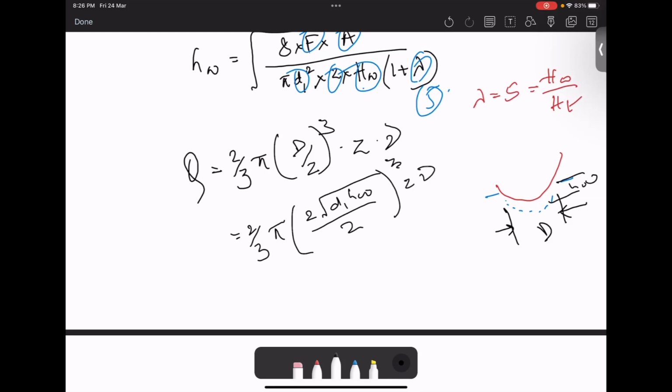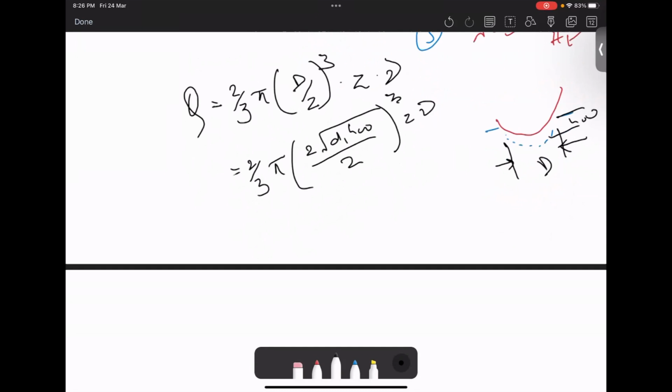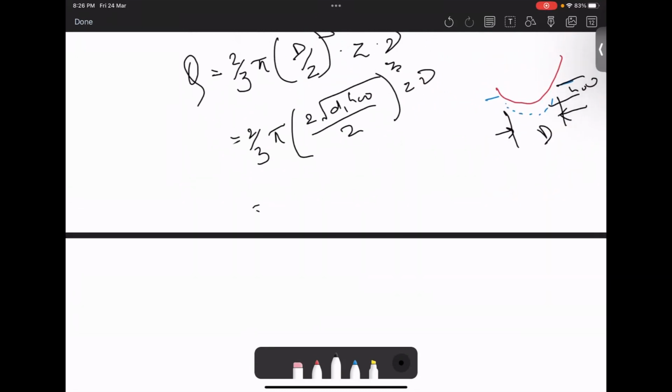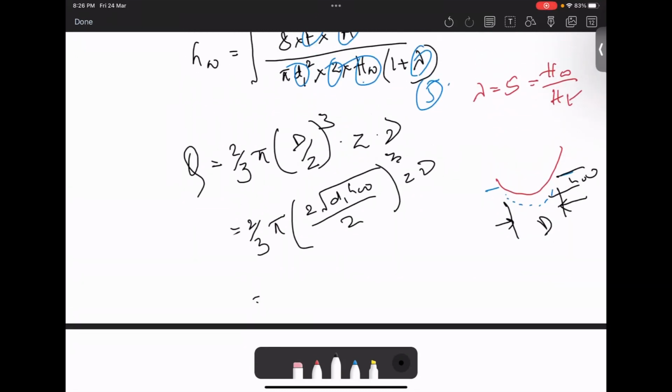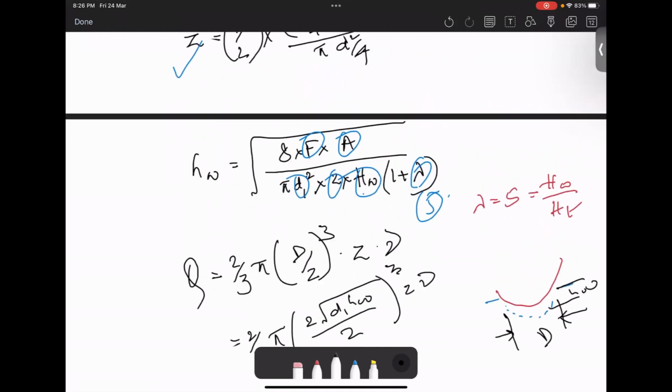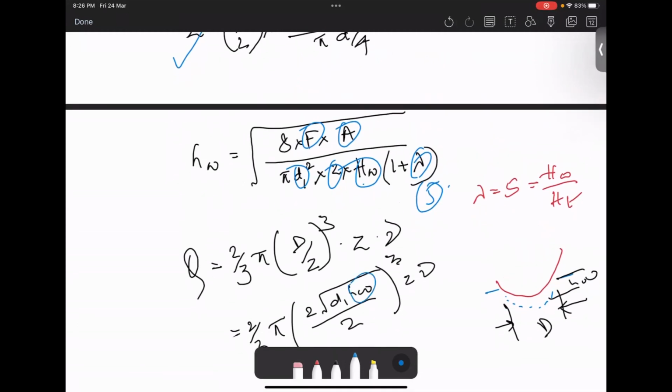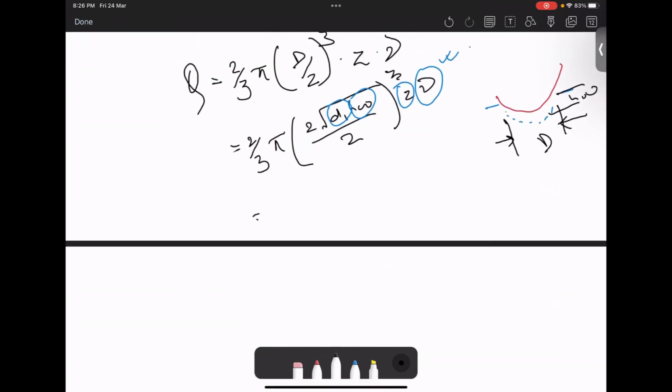Q equals the volume times Z times frequency. So you plug in the earlier defined value of HW, and the frequency has been given. So just plug in the values and find out the Q to be, let's suppose, X. The unit should be mm³ per second.